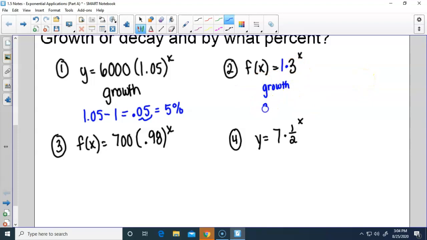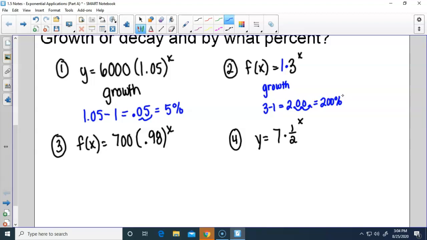So I'm going to do 3 minus 1, which will give me 2. Now that is a decimal, although it doesn't look like it. It's not 2%. I've got to change this to a percent. So I'm going to move that decimal place 2 places to the right. I'm going to fill it in with zeros. So I've got 200%. So this is a 200% growth in this particular case.